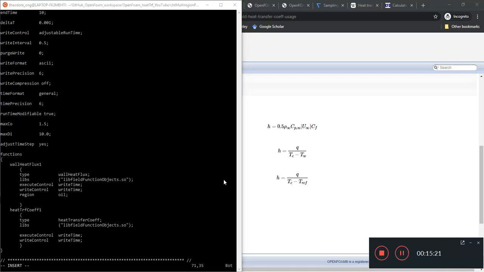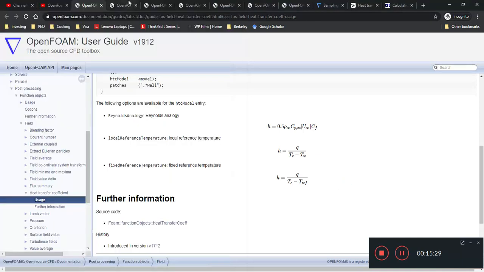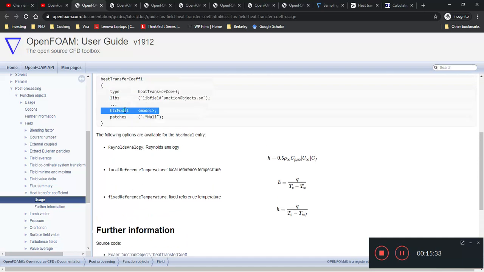Alright, so we have our proper controls there, which are the type, library, execute, and write control. So there are a few more entries we need to do. One is the HTC model entry, which we'll want to talk about. So yeah, let's take a look. We want to use fixed reference temperature.